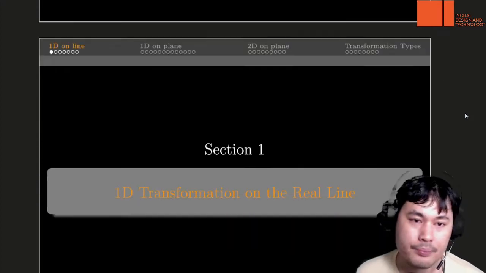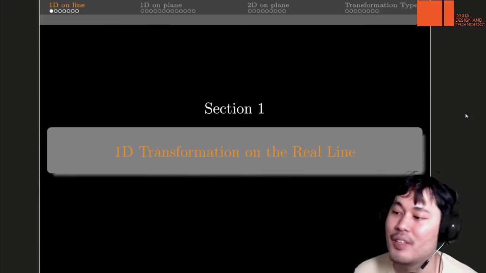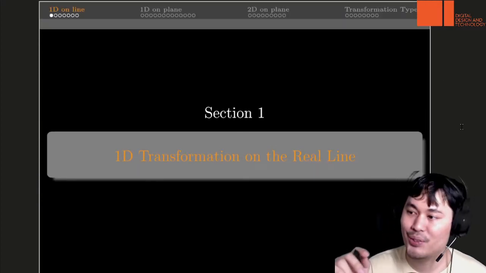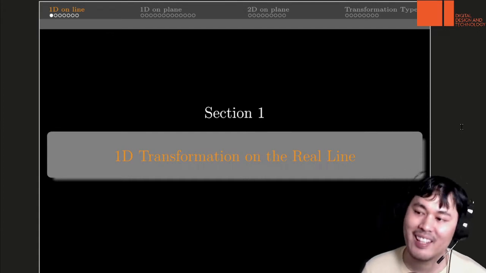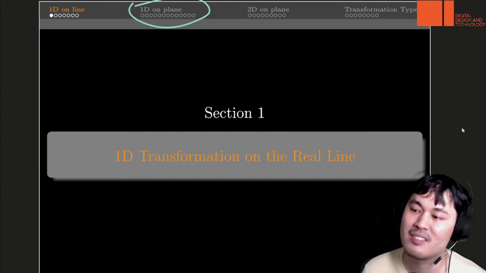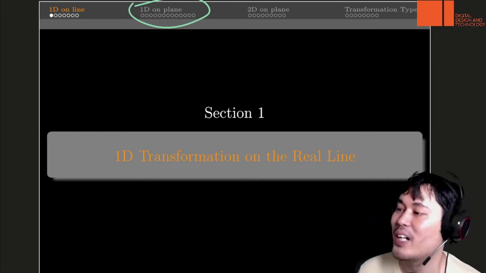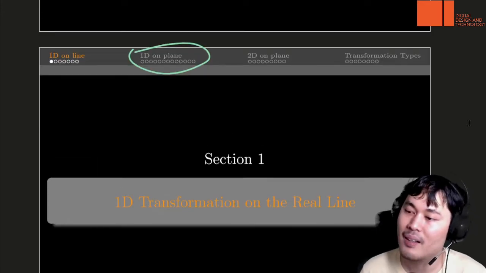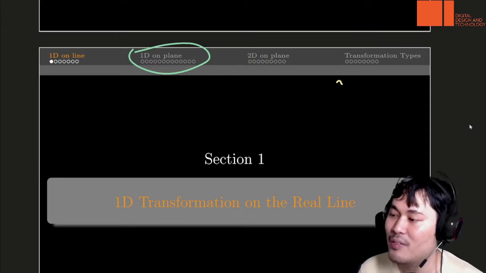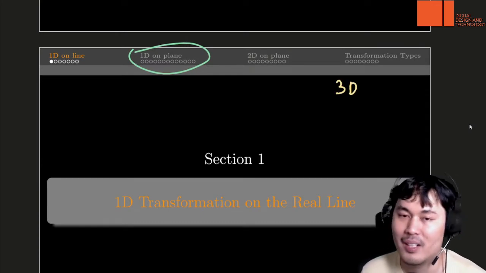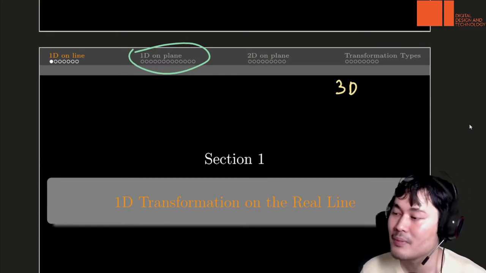And that's the first section. Before we go into two dimensions, we can step back to just one dimension. This might require some math knowledge, but we all live in the three-dimensional world.